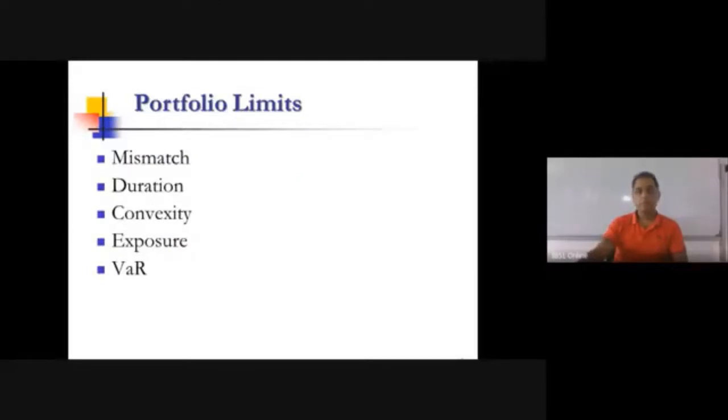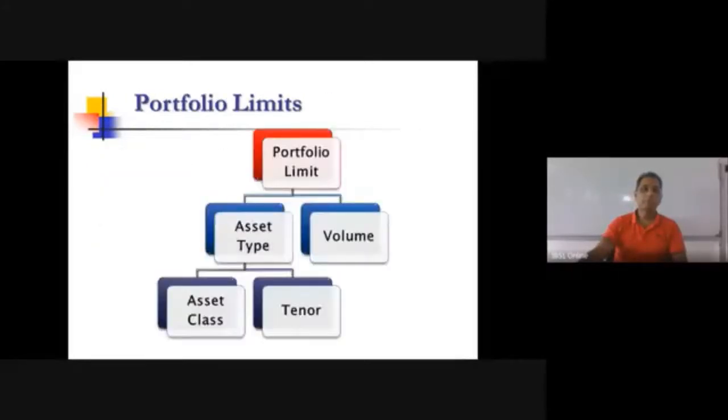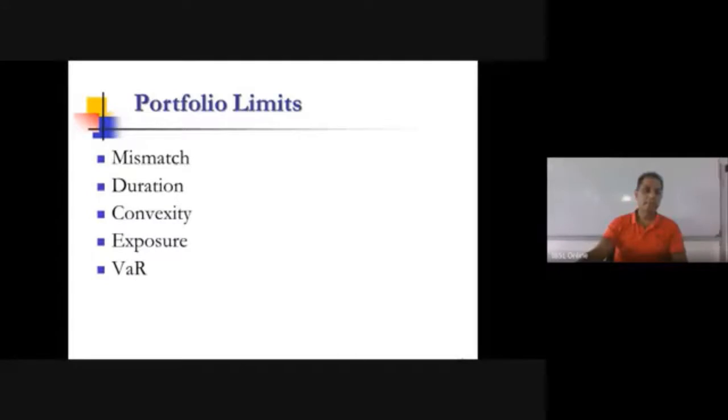So we have something on duration, convexity, exposure, and VaR. So portfolio limits will be based on these aspects: what the duration is, what the convexity is, basically meaning what a movement in the curve, how it has an impact on the rates, then value at risk at a point in time at a certain confidence level, what the risk to the bank is, and what the overall exposure to the bank is.